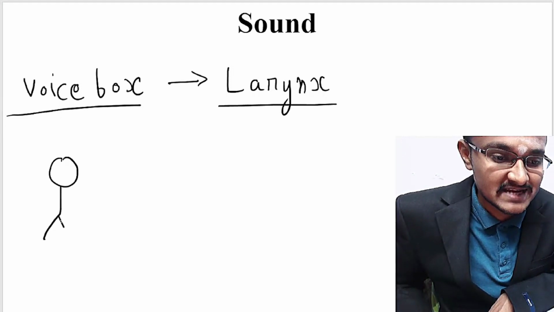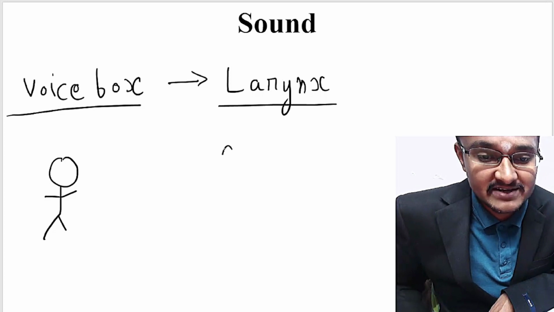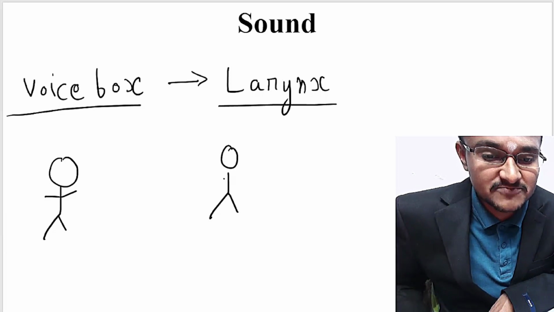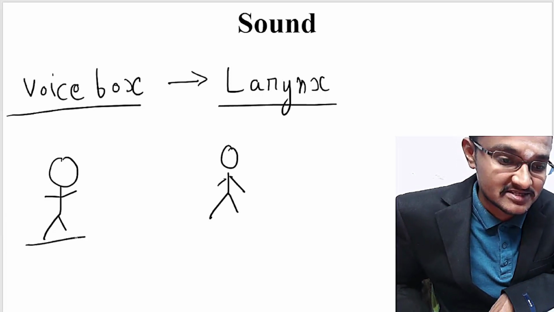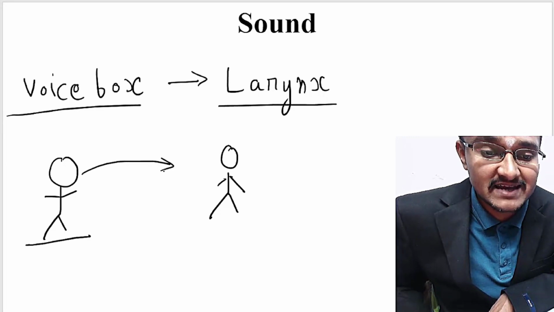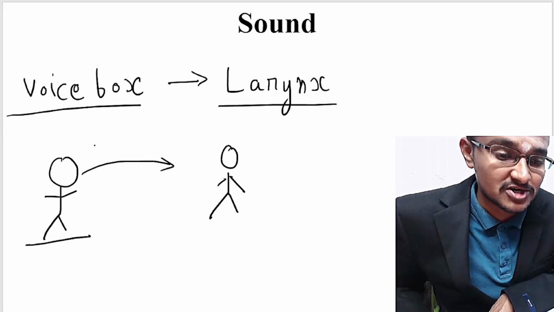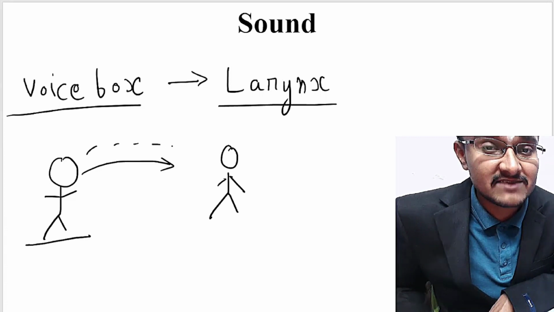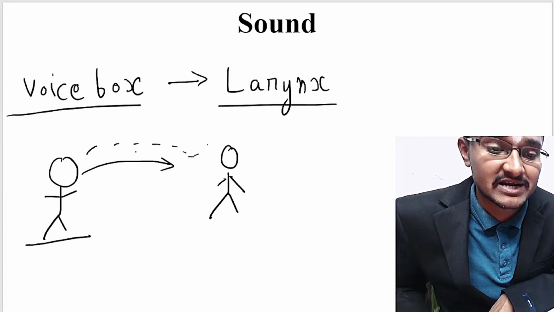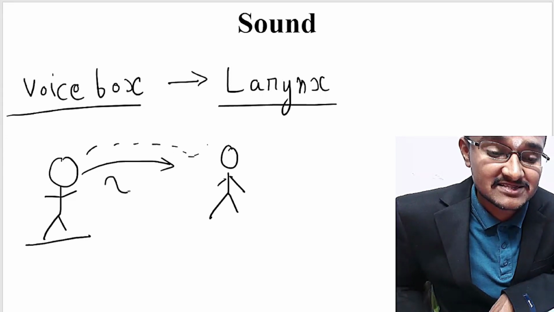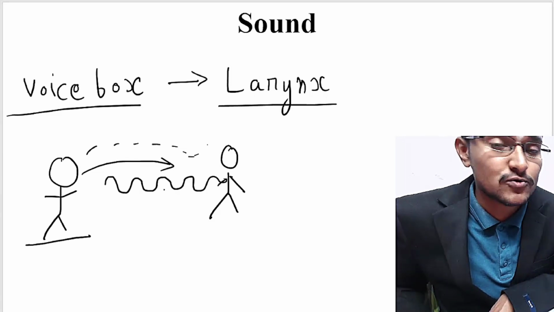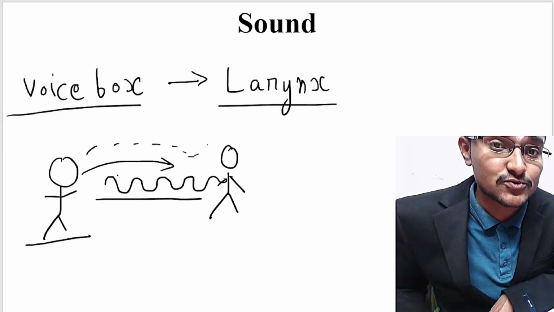Let's suppose you are standing here and your friend is standing at a distance, and you are speaking from this particular place, but still your friend can hear what you are speaking. Why? Because the air which is there in this particular environment will carry the sound waves to the person whom you are speaking with. That means sound is actually propagating through air.